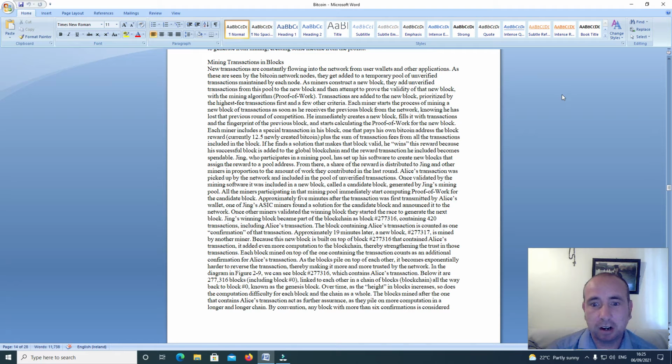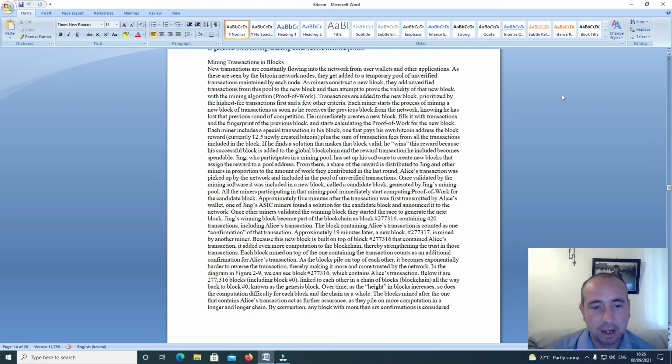Each miner starts the process of mining a new block of transactions as soon as he receives the previous block from the network. Knowing he has lost that previous round of competition, he immediately creates a new block, fills it with new transactions and the fingerprint of the previous block, and starts calculating proof of work for the new block.